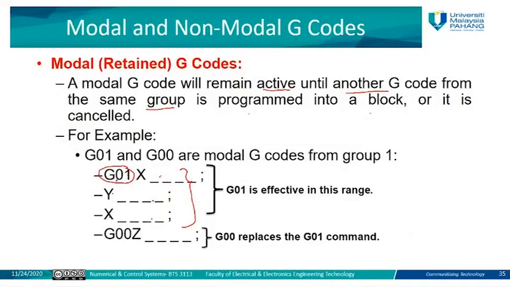So this is G01, this is G00; G01 and G00 are from the same group. If I have another G00 here, it will replace the G01. So all the tasks after this G00 will apply the G00 code, not the G01 anymore. The effect of G01 stops here, then G00 starts.